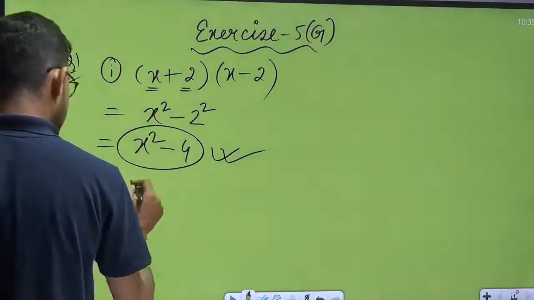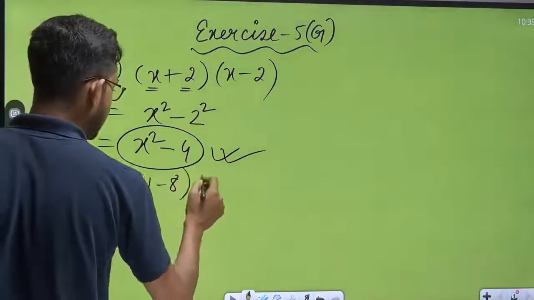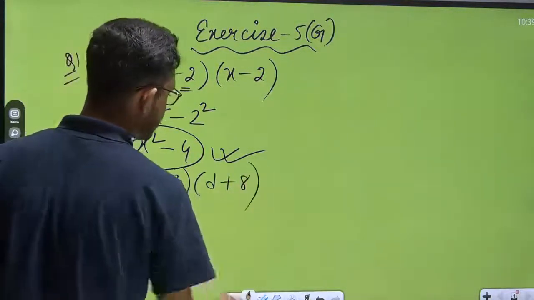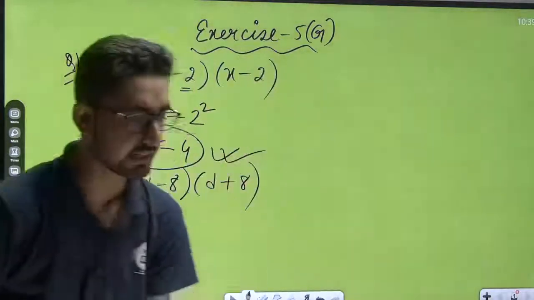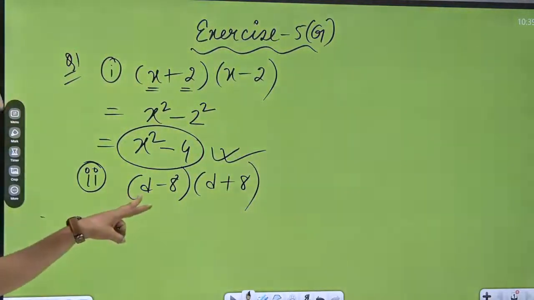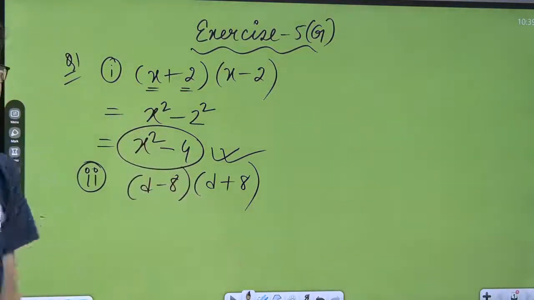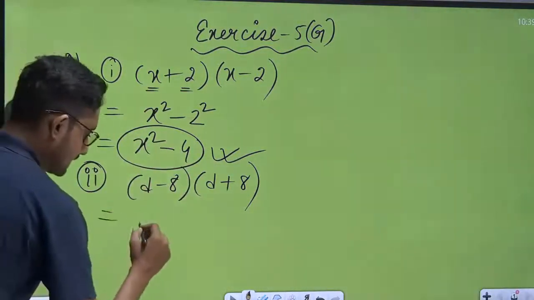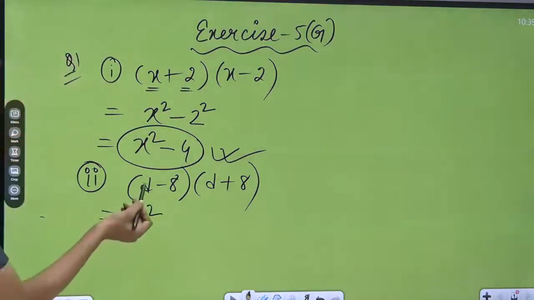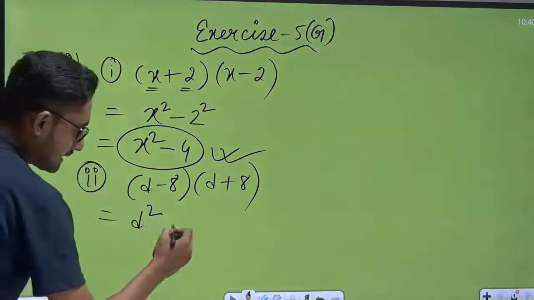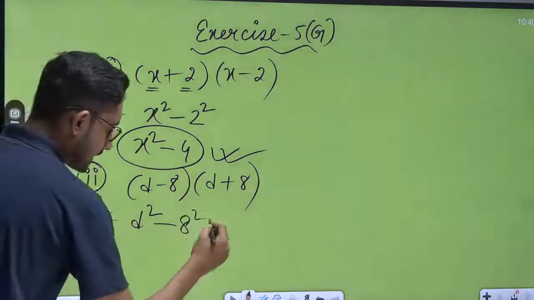Let's see next question. Okay. Second part, that is d minus 8 and d plus 8. So what is the answer of this question? Now just check it here again. Here we have considered d is equals to a and 8 is equals to b. So that means we can say d square, right?